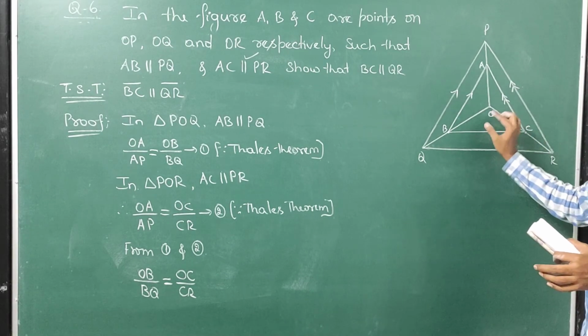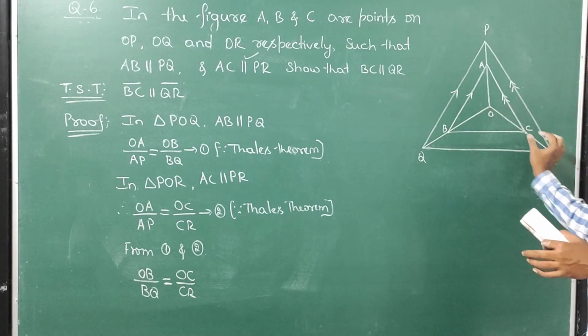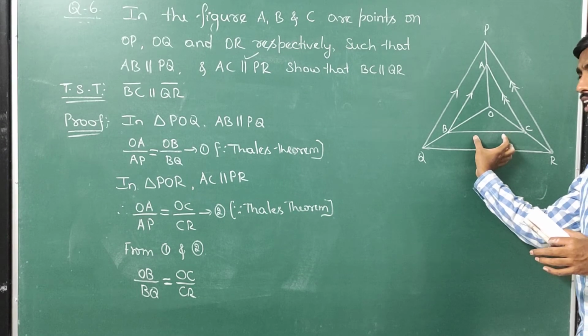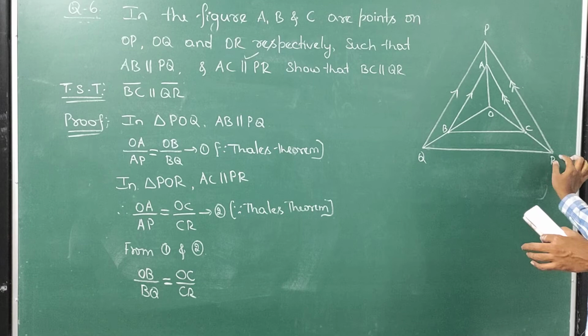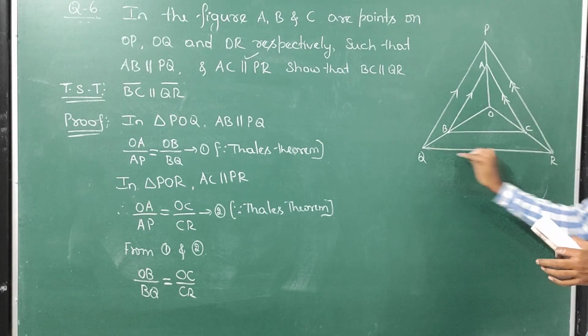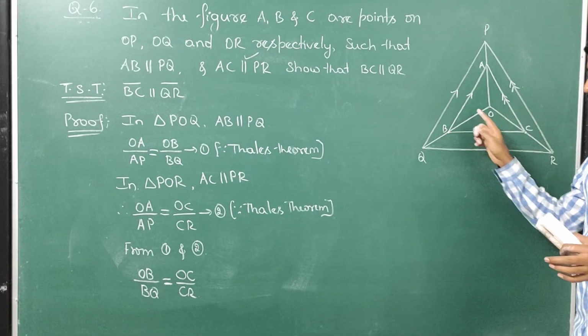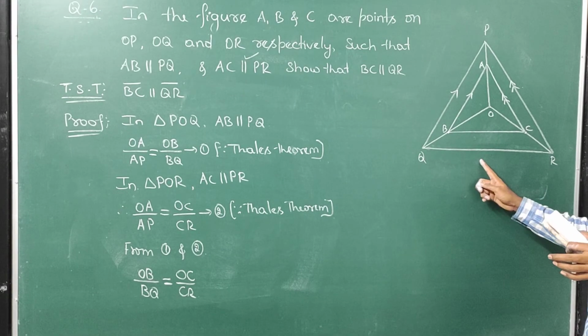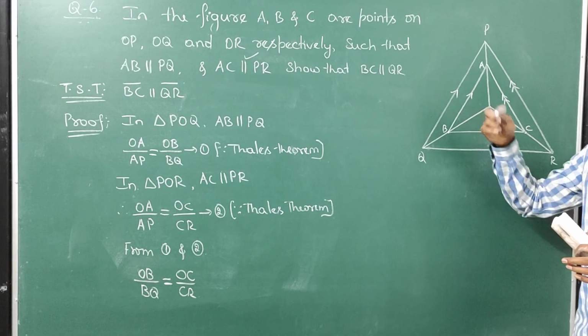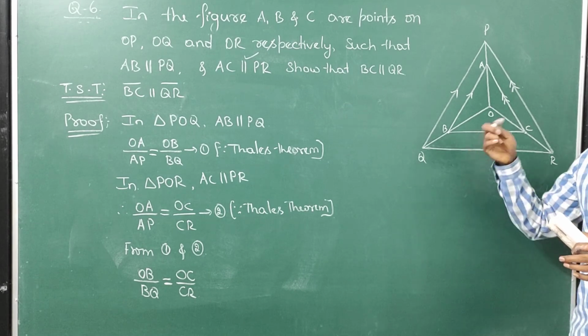These ratios we got because the BC line divides OQ and OR of triangle OQR in the same ratio. Hence BC is parallel to QR according to the converse of Thales theorem or theorem 2.